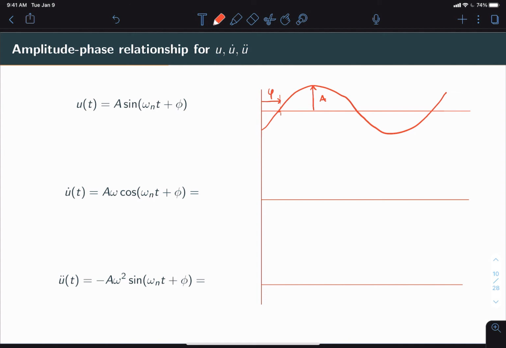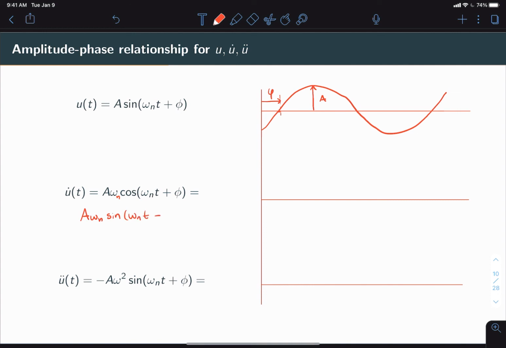Right, now let's look at the solution when we take the derivative of it to get the velocity solution. Notice that we have now an omega n term on the outside, and our sine changed to a cosine term. But a cosine is nothing more than a sine shifted by 90 degrees, or pi over 2, so we can express this in terms of sine so that we can make a direct comparison.